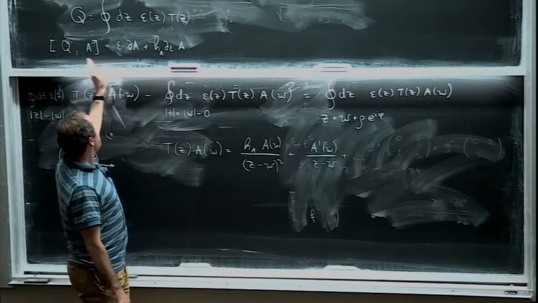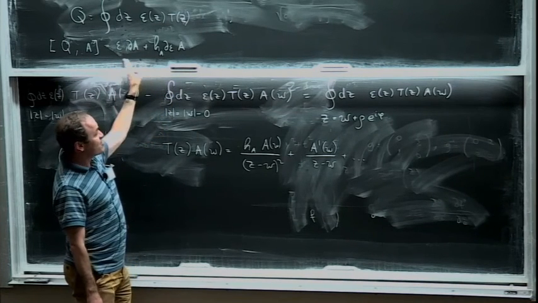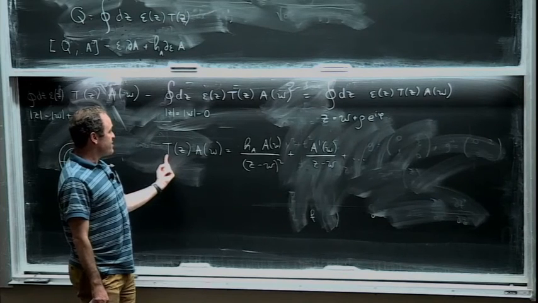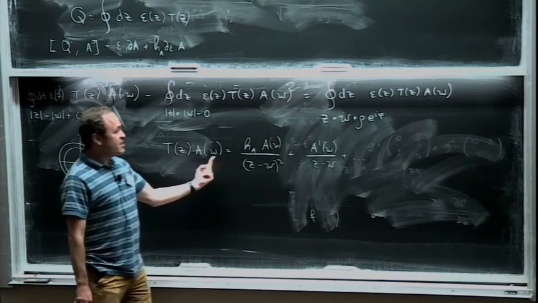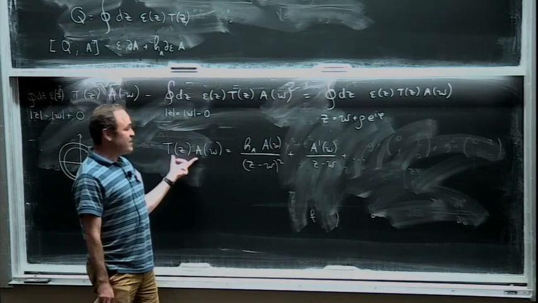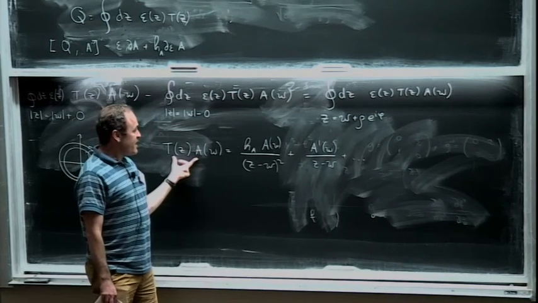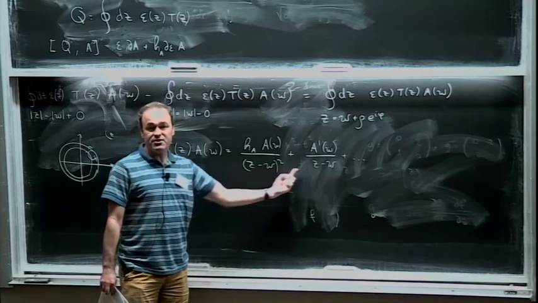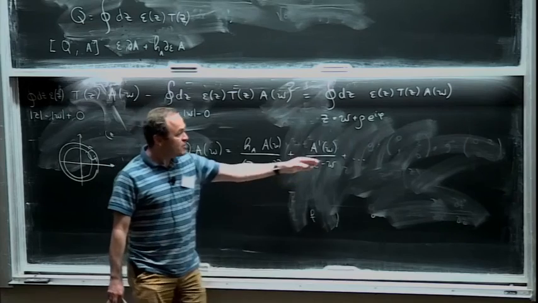And so saying that operator A changes according to this rule is completely equivalent to saying that when the stress energy tensor approaches A, it has, as we say, an operator product expansion. So these two fields sitting nearby can be thought of as some series of which the first two singular terms we know. And what we don't know is the rest of the terms.